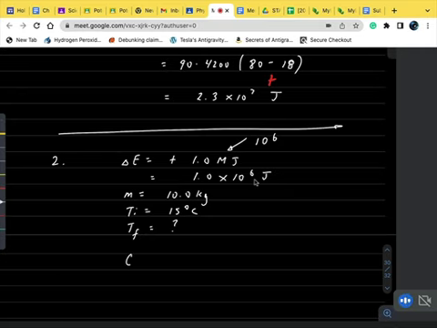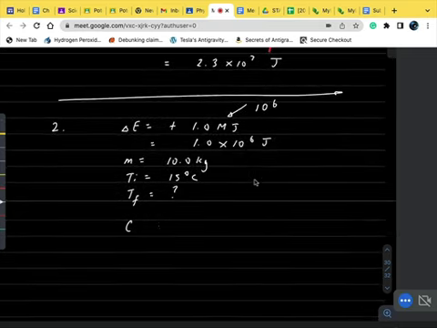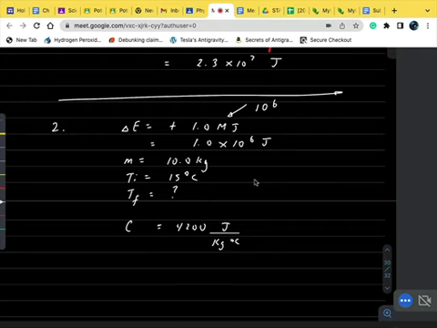Again, you're going to be given a table or maybe the specific heat capacity given to you in the problem itself. In this case, we've got a table. I would, again, memorize it. It's 4,200. See if you can come up with that formula, because you're going to need to be able to derive it. Figure it out yourself.